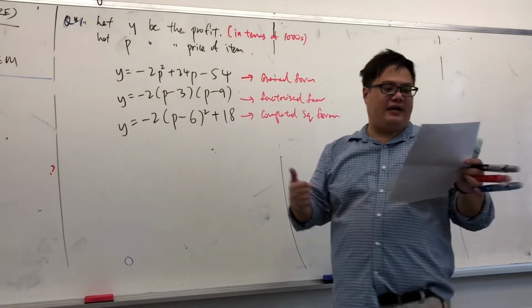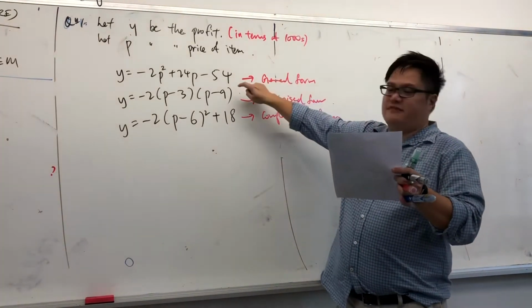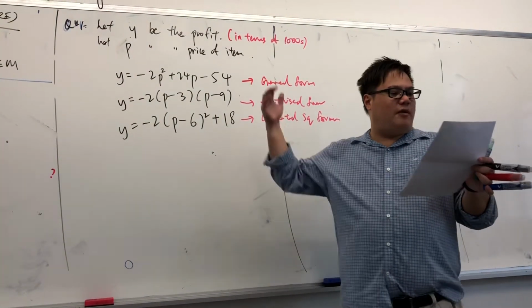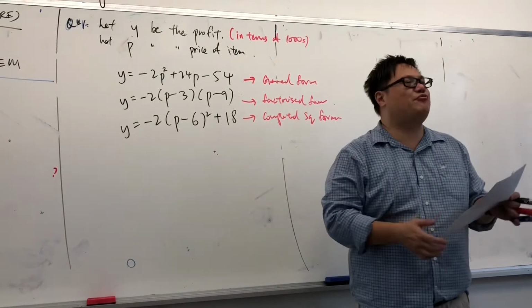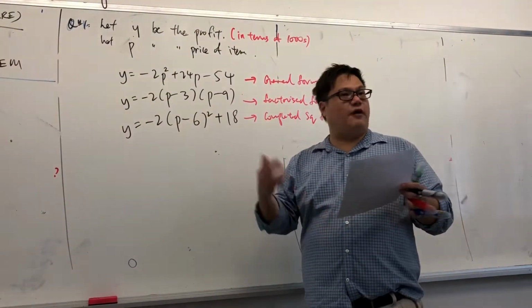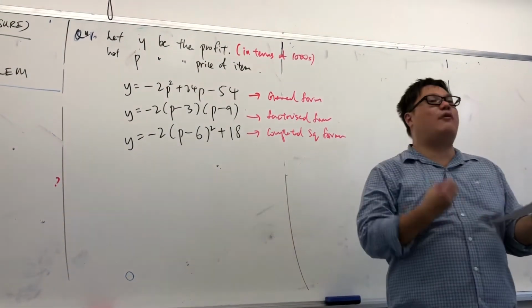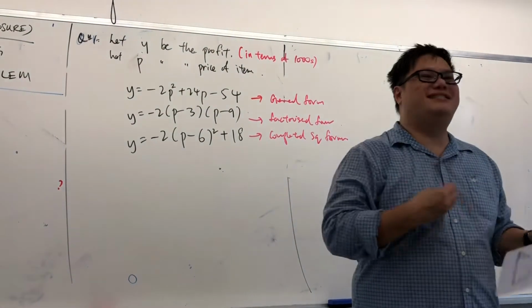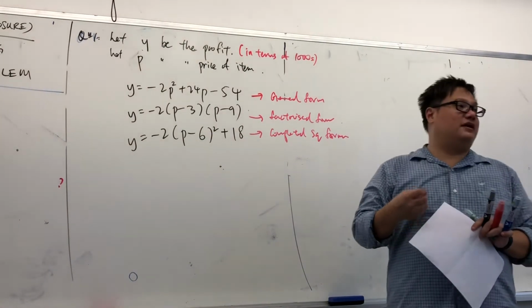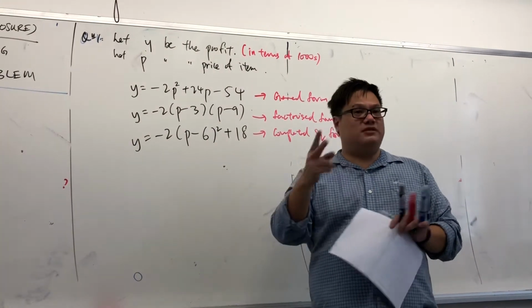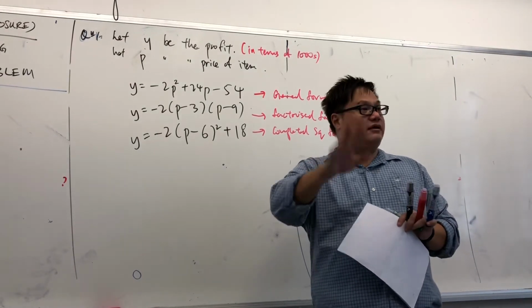If you want to find the price that gives you a profit of $0, which form will you use? And part B, which form is most useful to find the profit when the price is 0? Part C, which form will you use to find the price that gives you the maximum profit? So 2 minutes, you try it on your own now, before I give you 2 minutes to discuss with your friend.